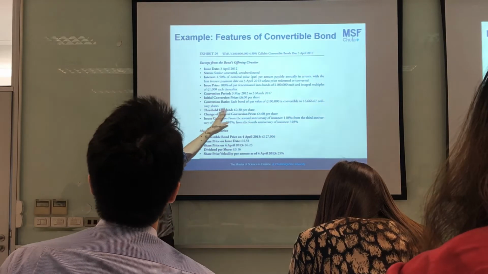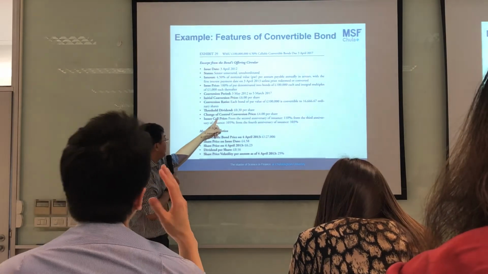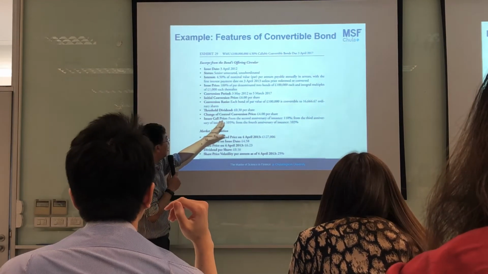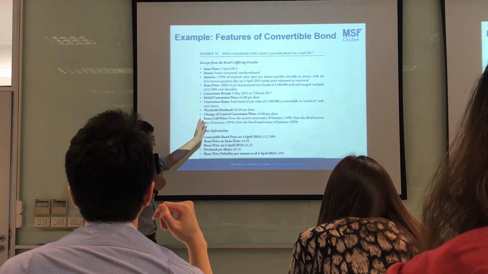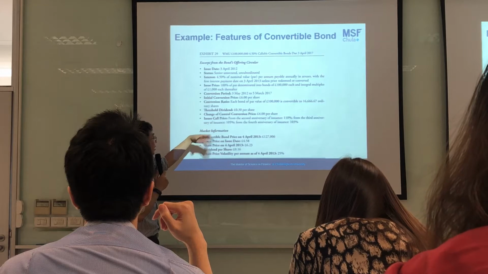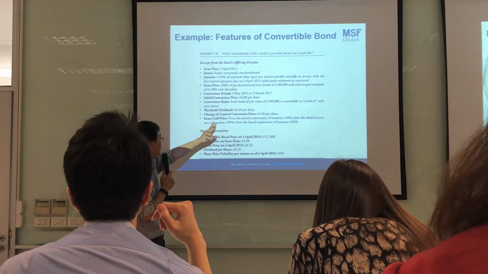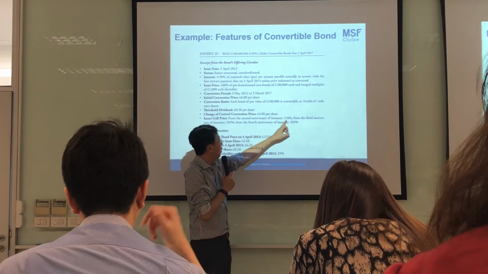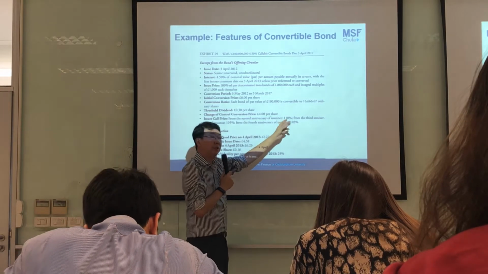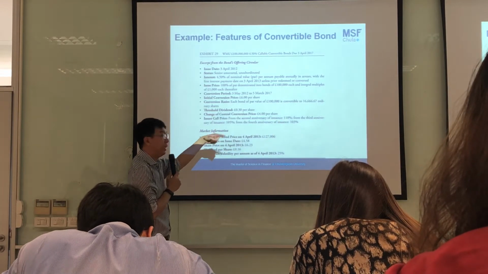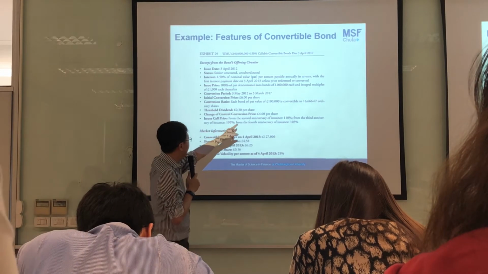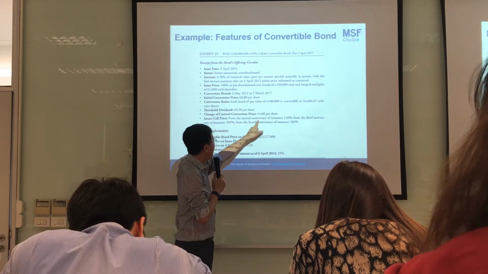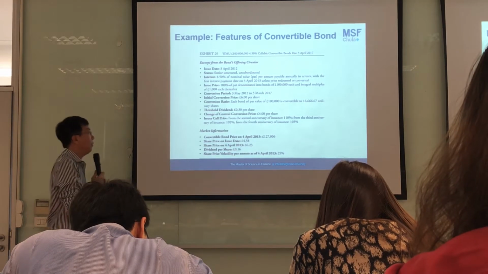So this is the detail about the convertible bond, and here is the detail about the call provision for the bond issuer. The bond issuer can buy back the bond at a certain price called the call price. Here is the call price. If the bond is redeemed before the maturity by the issuer, the call price would be equal to 110% of the par.